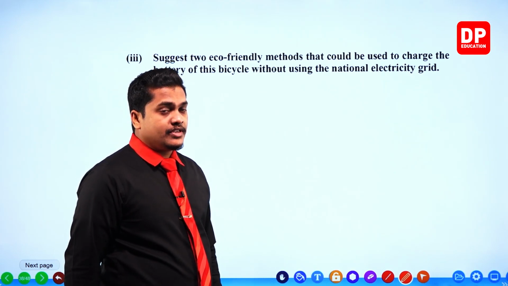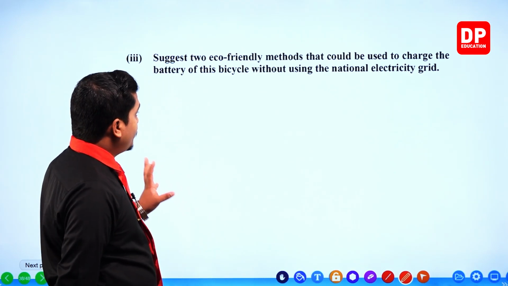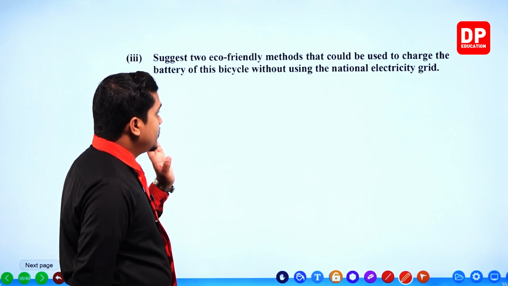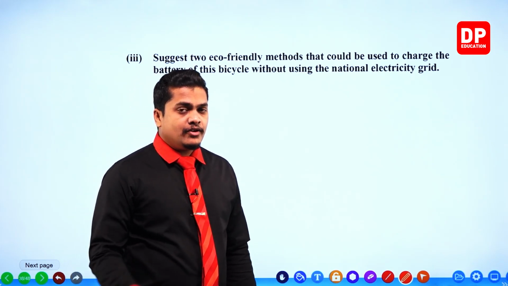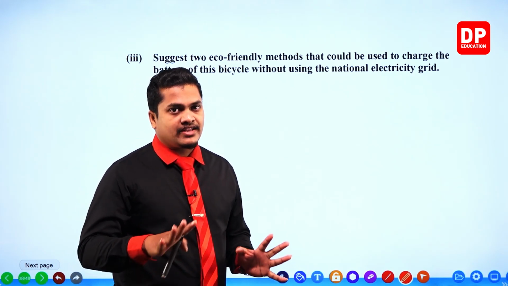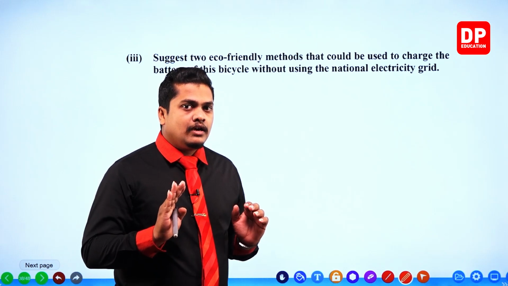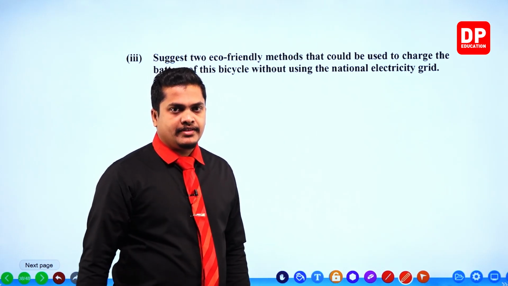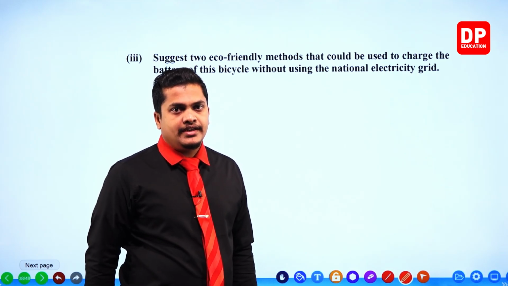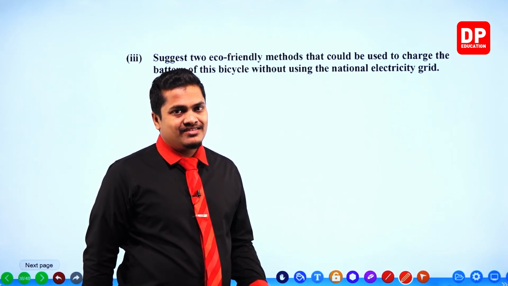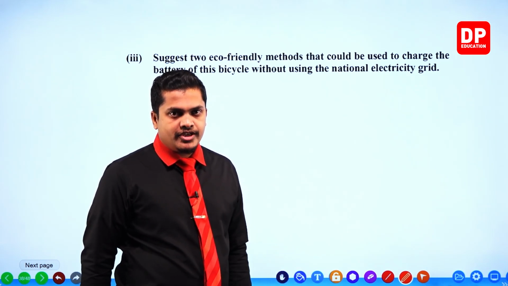There are actually several methods like 3, 4, but mainly we can use 2 different methods. Number 1, using sunlight, or using solar cells. Like that we can recharge.